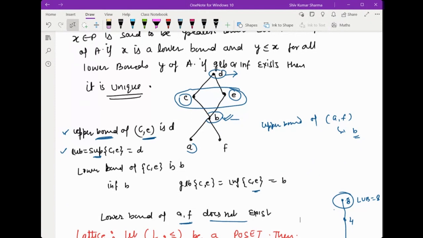So there is no least upper bound of B. Same case for greatest lower bound or infimum. So there are 2 infimum values of B, which are A and F, which is also not in unique form. So there is no least upper bound or greatest lower bound in this case. Okay. So for particularly, you can check, that will be fixed for this one, be fixed for this one, and above.